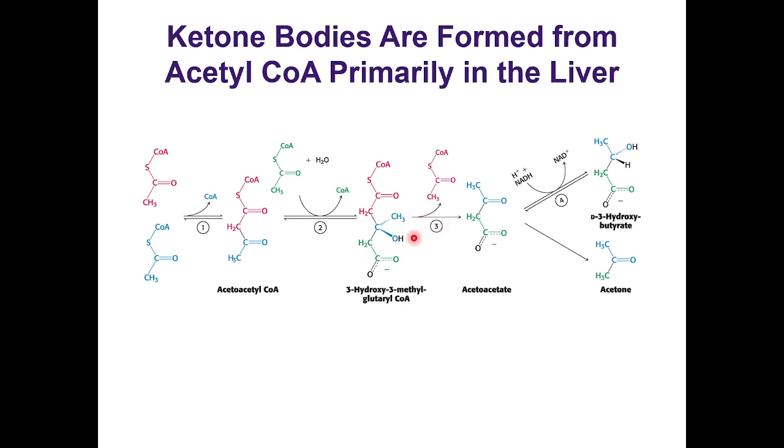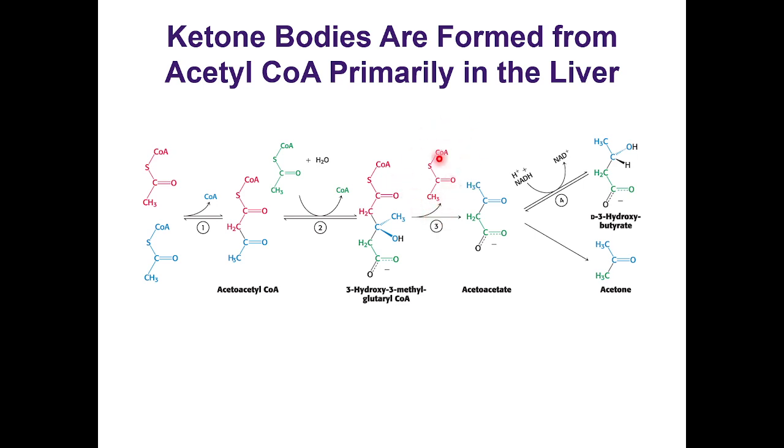But this ends up being an alcohol, and this is the 3-hydroxy. Everybody see the hydroxy part there? That's the hydroxy. Okay. And glutarate methyl. Notice it has a methyl off of here. You all may have been wondering what was going on with this one right here. That's the methyl.